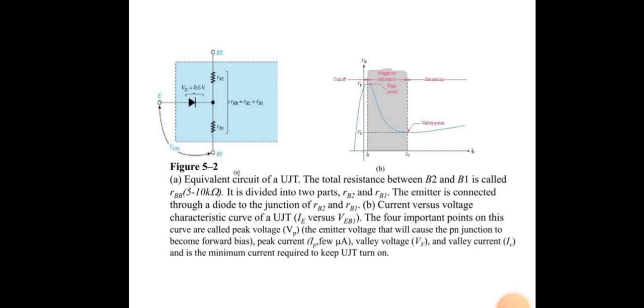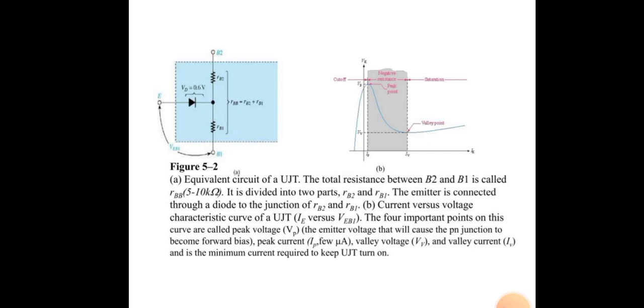Then the VI characteristics of the UJT. Here, when the applied emitter voltage VEB1 is smaller than the peak point voltage VP, the PN junction at the emitter is reverse biased and only a small leakage current normally flows in the emitter.